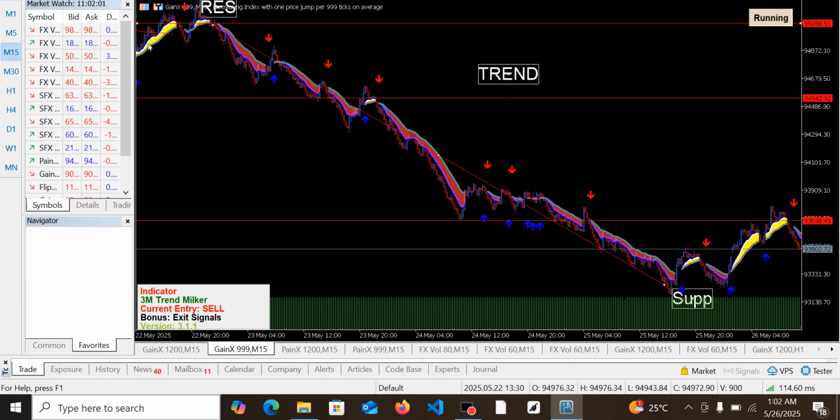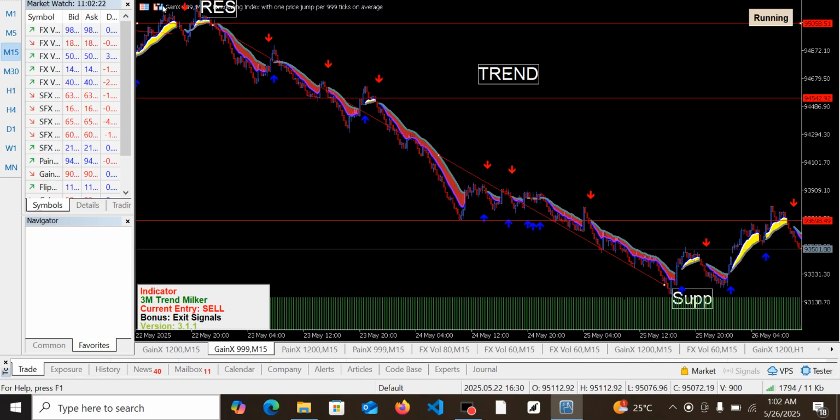So right now, the market was on an uptrend before, but when it got to this resistance zone, there are only two things that can happen there. It is either there will be a breakout above the resistance zone and it will continue to buy, or it will change the direction of the trend into a downtrend.